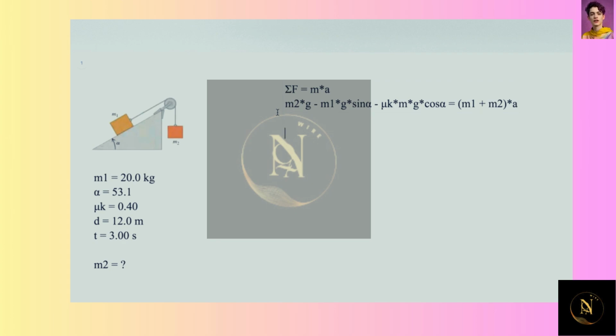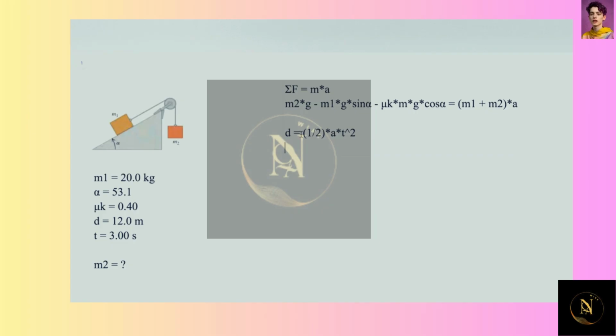So now we need to figure out what the acceleration is. Remember, we're told that the system moves 12 meters in 3 seconds. So we can use our kinematic equation, d equals v0 times t plus 1/2 a t squared. Now the system is starting from rest, so v0 is 0, and this whole term is going to be just 0.